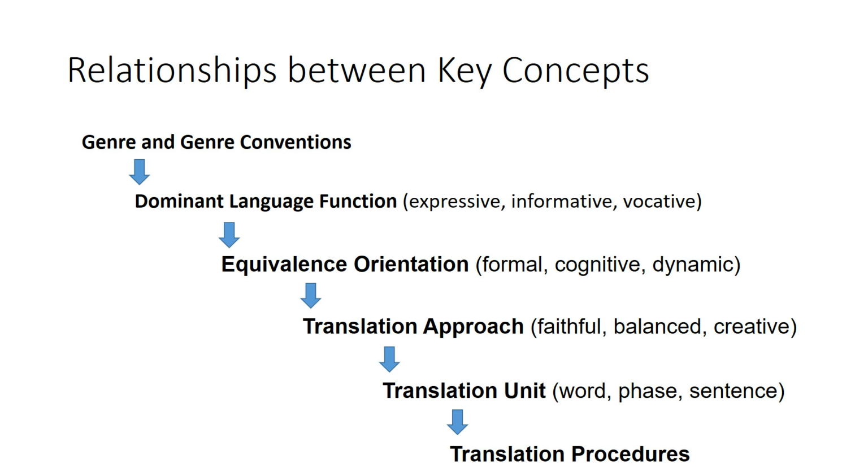So again, there's a correlation that flows through this model, right? If we're looking at a text whose dominant language function is vocative, like an advertisement. It's making an appeal to the reader. The equivalence orientation we definitely want to replicate is dynamic, equivalent effect. We may be somewhere between a balanced and a creative translation.